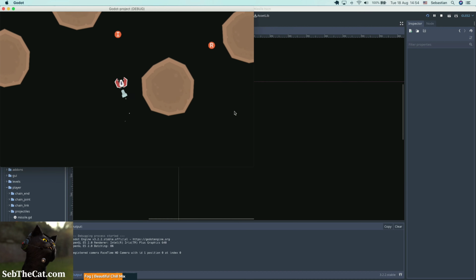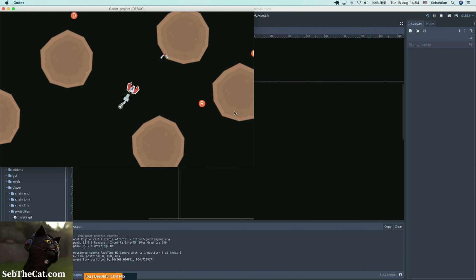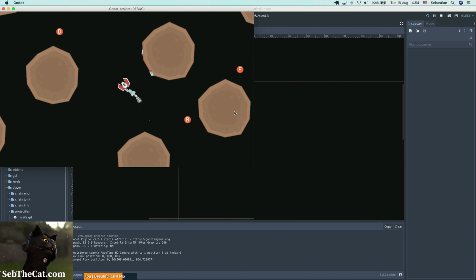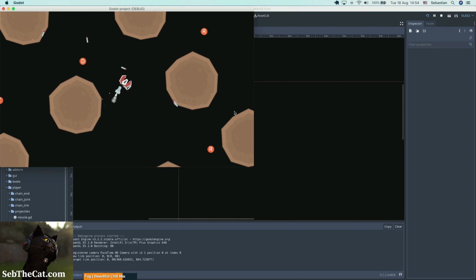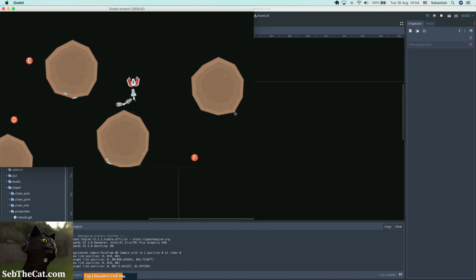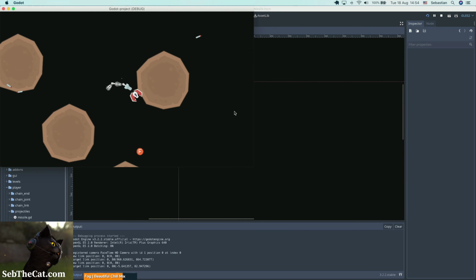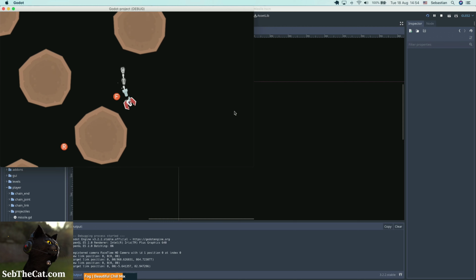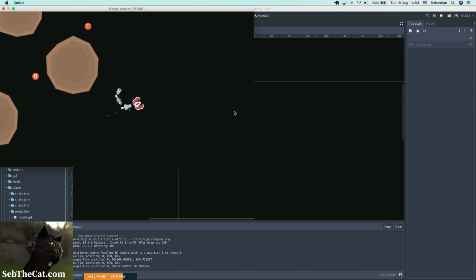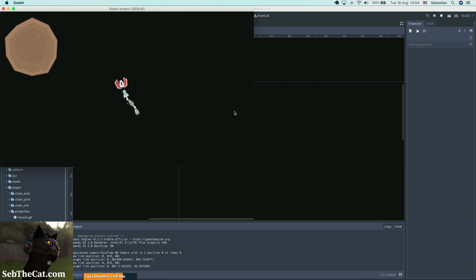Okay, the initial velocity needs to be a little better, otherwise, although this does feel very, what's the word? You know those old games in the 80s where you had that sort of sticky missiles?